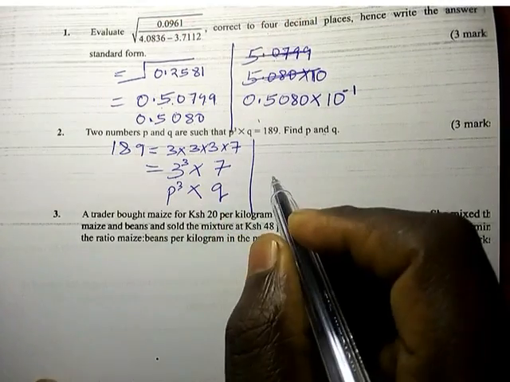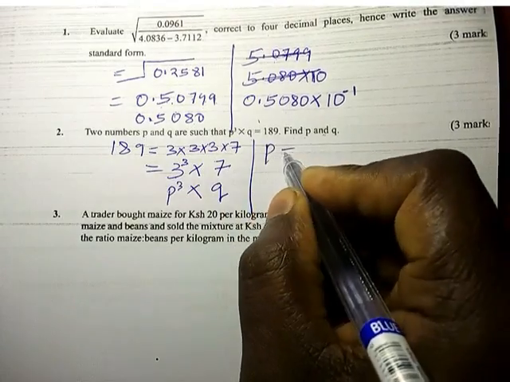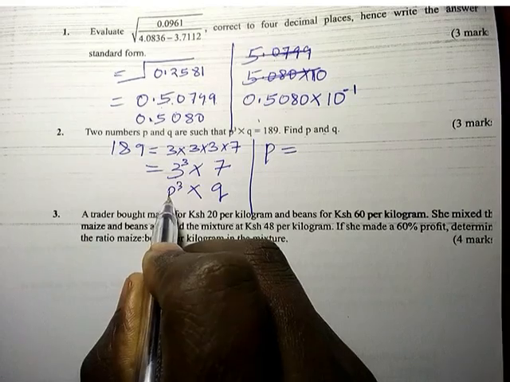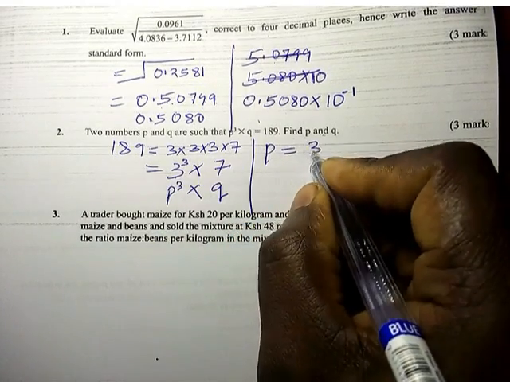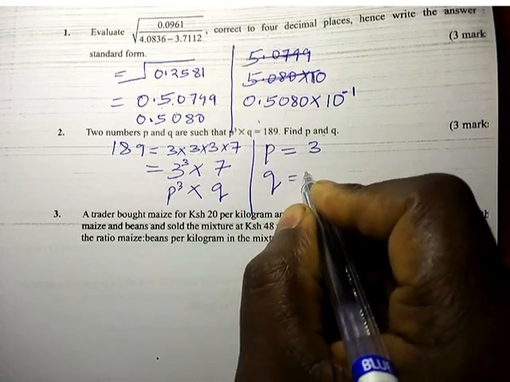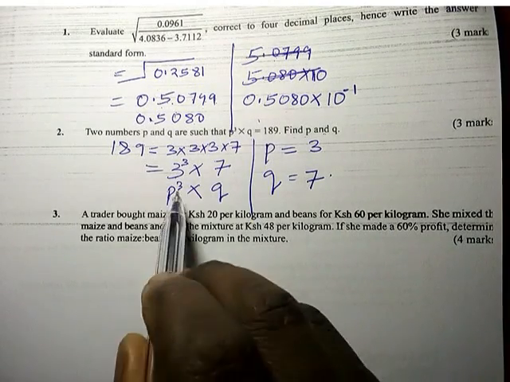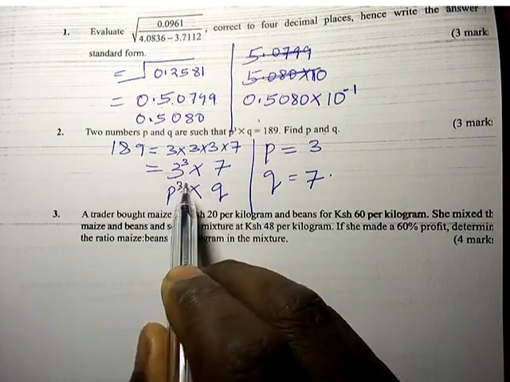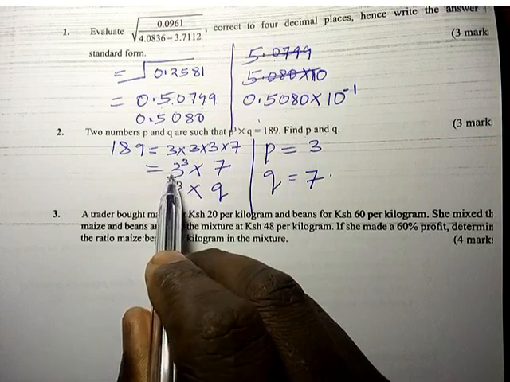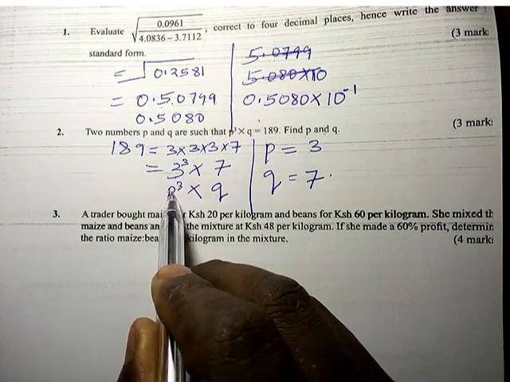We are asked to find p, so p itself is 3, and q is equal to 7. This 3 cubed stands for p cubed times 7 for q. Do not write 9 or 27, because what they want is p only.